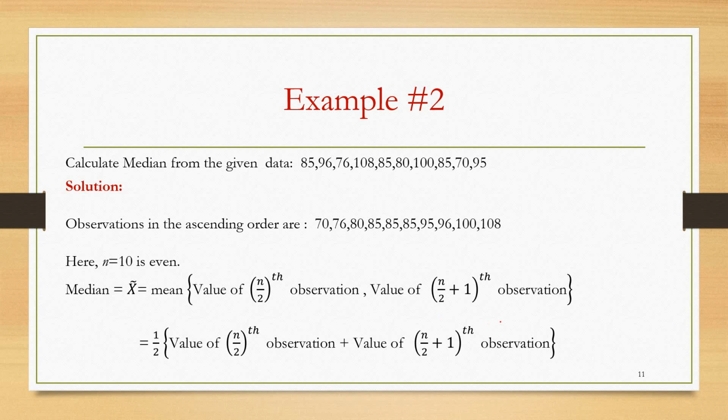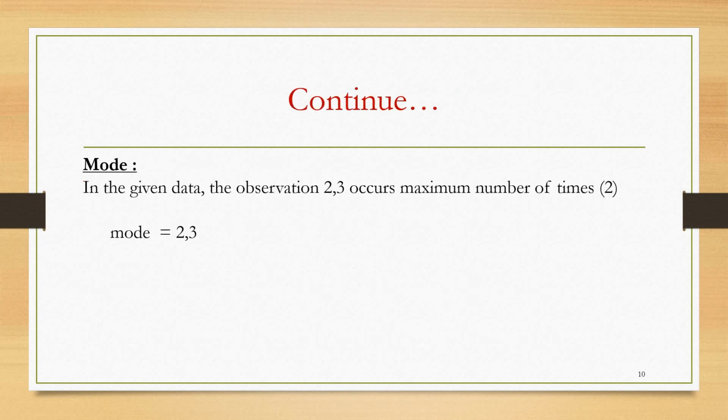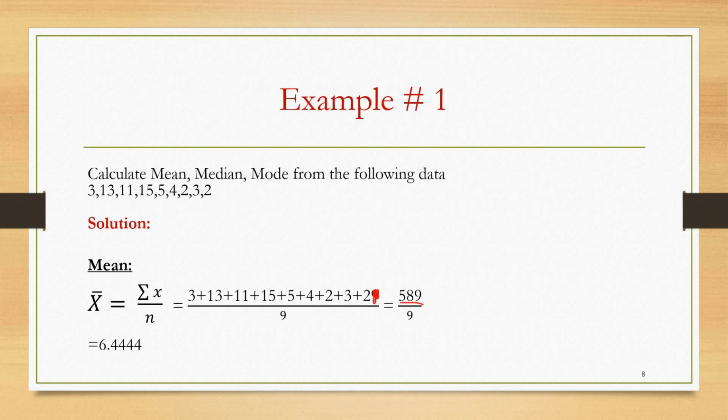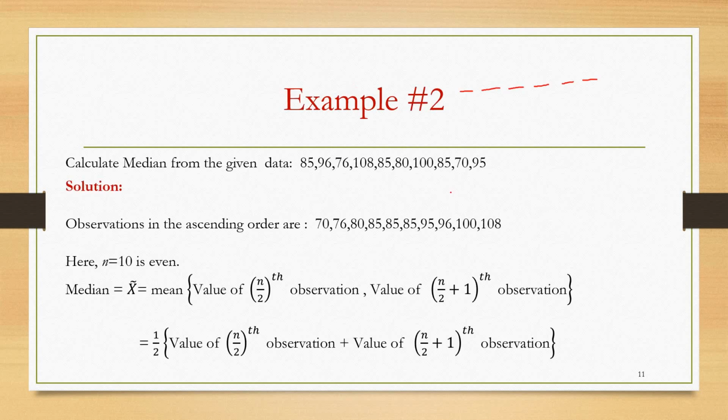How is this formula applicable? Let's suppose we have 6 observations. As we have said, the median is the middle value when the data set is arranged. Now, what is the middle value? This is the middle of this data set. And how will we get this middle?